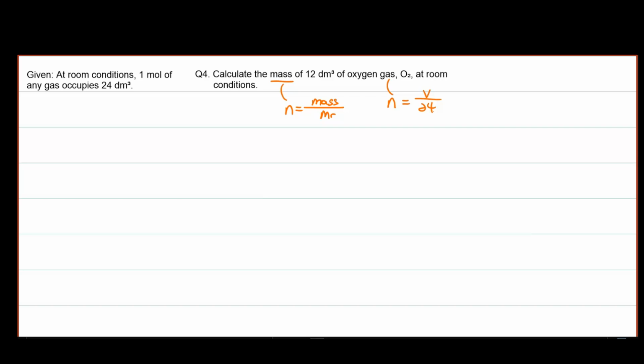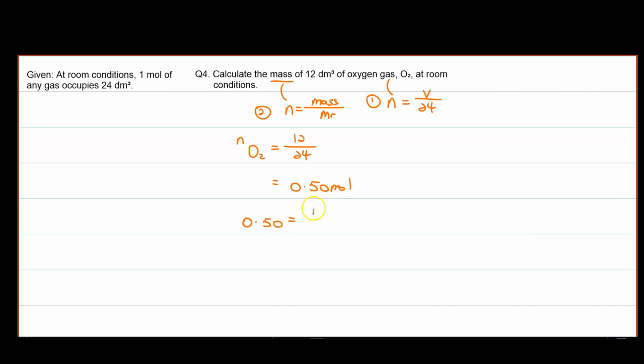Since I'm asked to calculate the mass, I know that the gas formula will be used first and the mass formula last. So the number of moles of oxygen gas is equal to 12 over 24, equal to 0.50 mole.